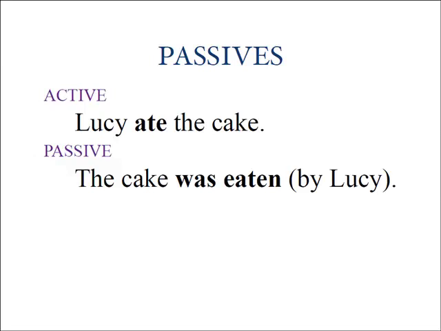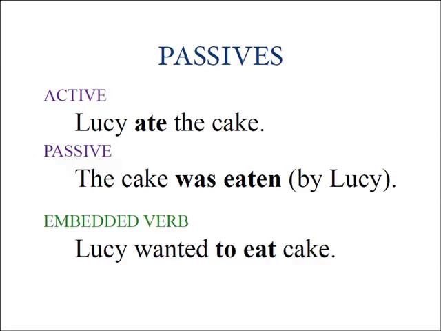Now I said the title is the alternative embedded passive. So what do I mean by embedded? So an embedded verb is basically when we have two verbs, and one of them is kind of inside the other. So if you think about syntax, right, it's not just linear, but it's hierarchical. So one basically comes after the other.